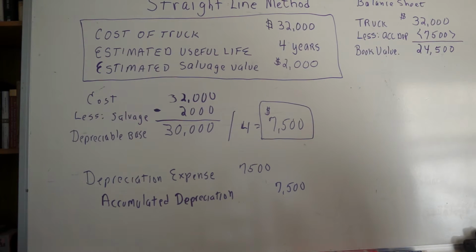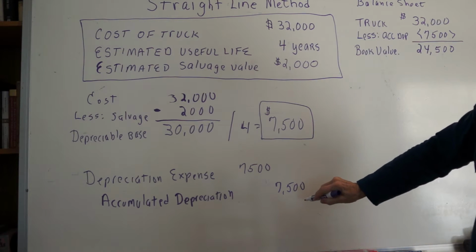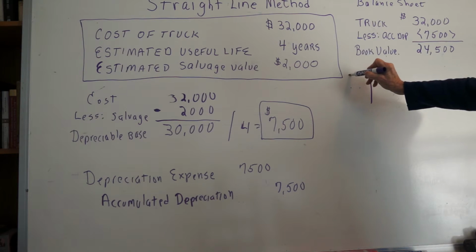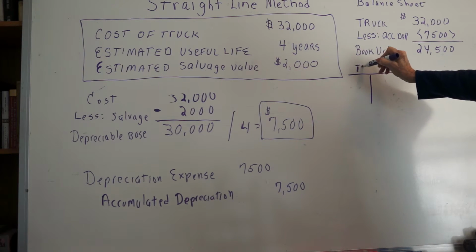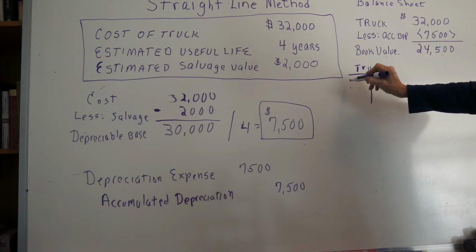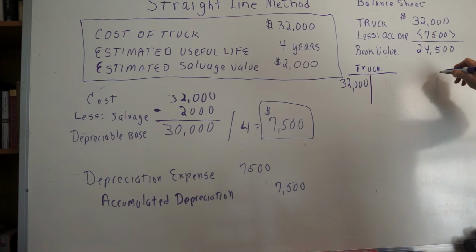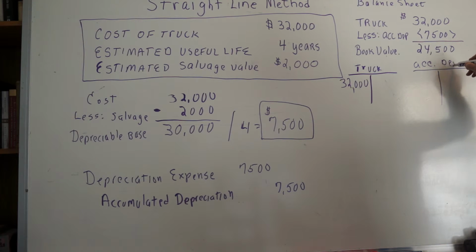Okay, so this journal entry would be made each year, and the truck is going to stay on the books as long as we have it at what we paid for it. But the accumulated depreciation account goes with the truck. So it's accumulated depreciation for that truck.